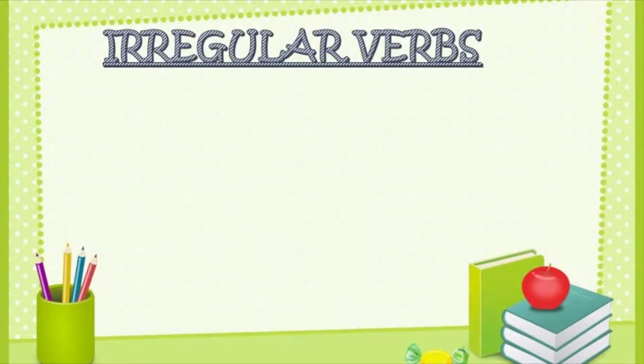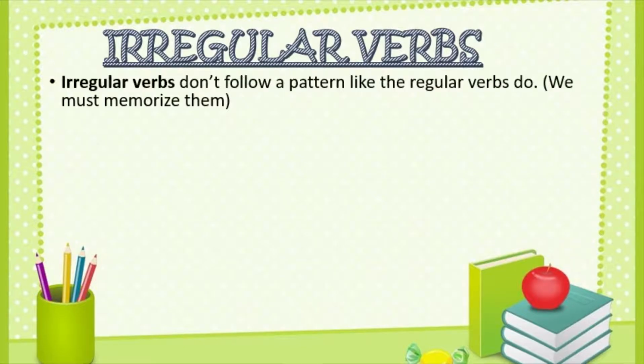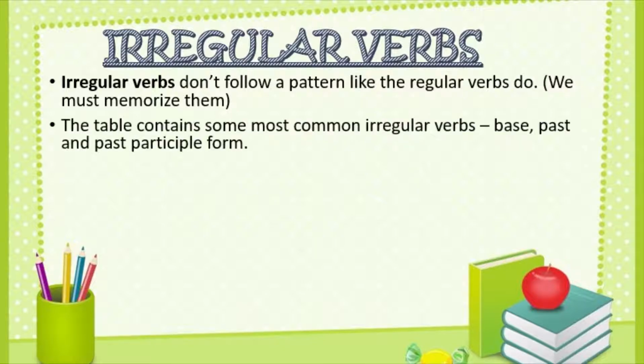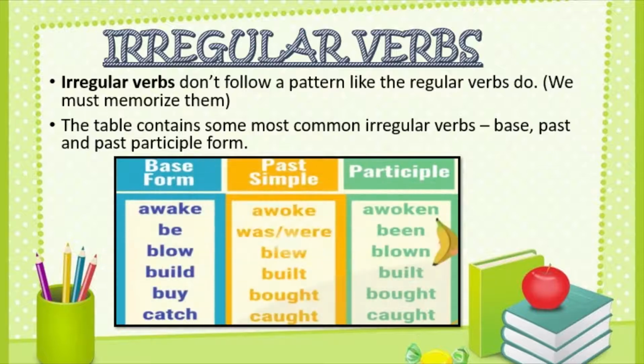All right. Now we are going to learn the irregular verbs. Irregular verbs don't follow a pattern like the regular verbs do, so we must memorize them. And the table below contains the most common irregular verbs: base, past, and past participle form.